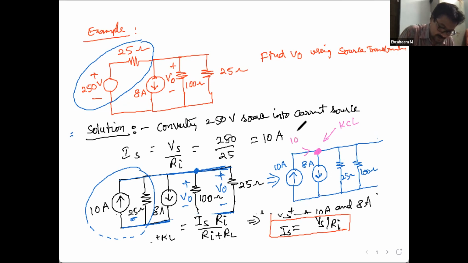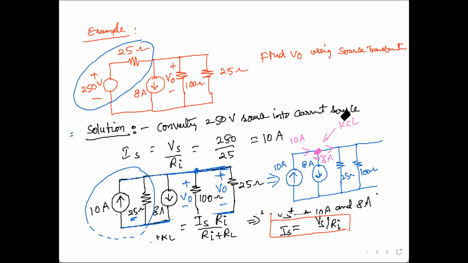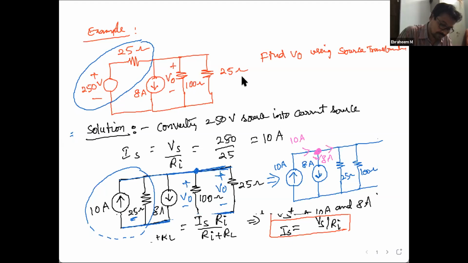Ten amperes comes here, and 8 amperes moves away from the node. So what is this current? 2 amperes, sir.